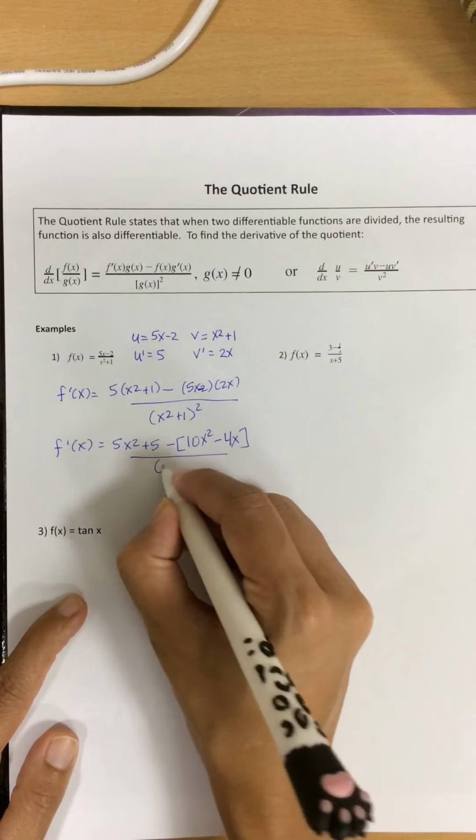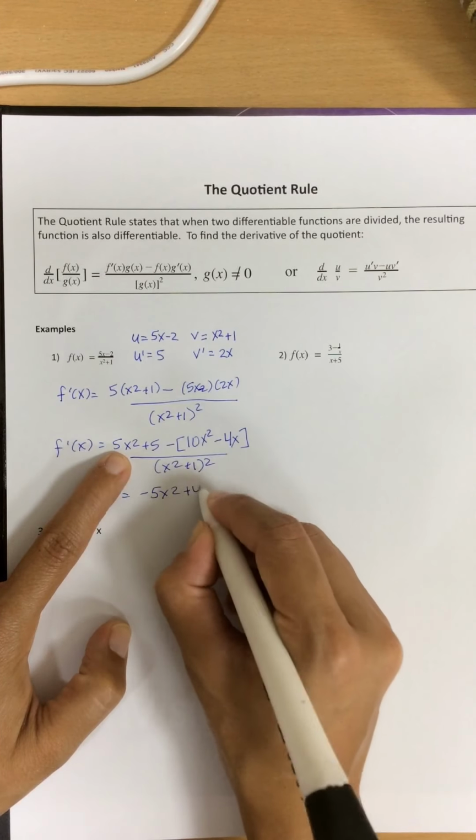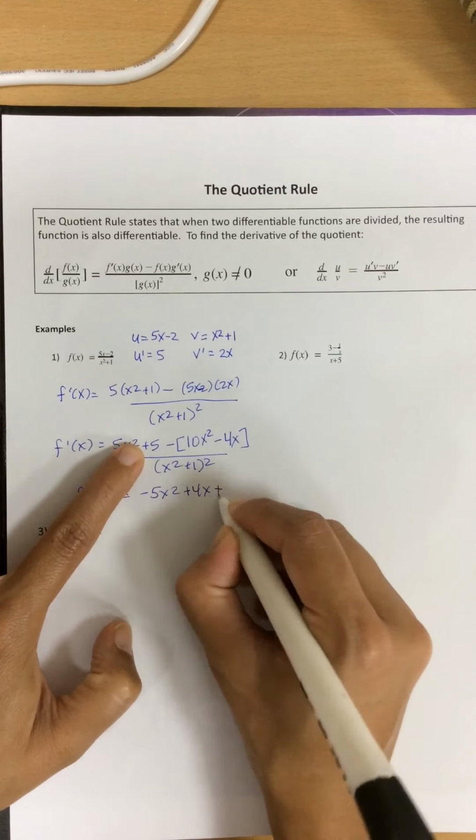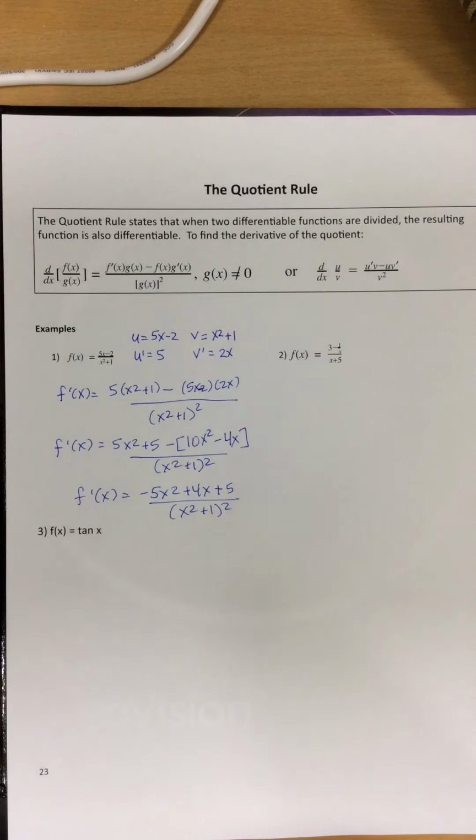So I'm just going to say f prime of x is equal to 5x squared minus 10x squared is minus 5x squared. Minus and a minus is plus 4x plus 5, all over x squared plus 1 squared. So that is the derivative of that function. You're just really plugging and chugging when you have to deal with quotients, okay?